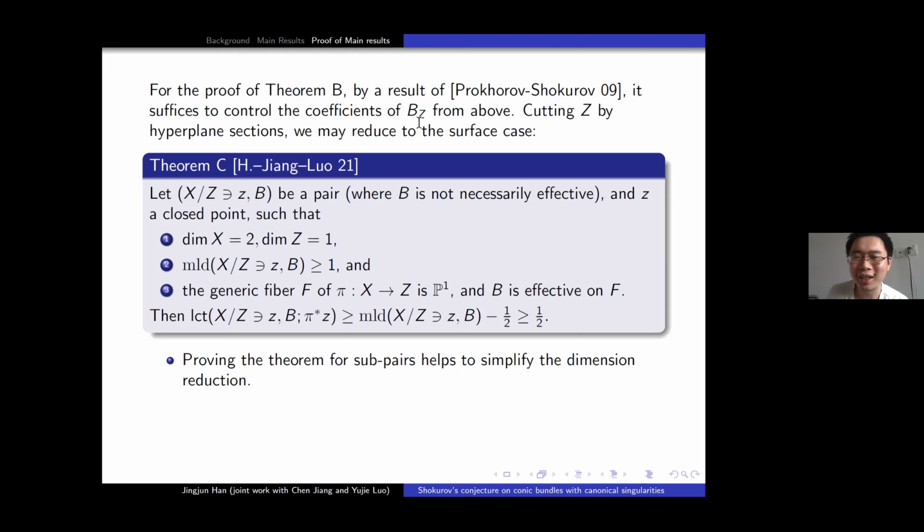First, one remark: the partial reason why we are only able to prove the relative dimension 1 case is that we need to apply the result of Prokhorov and Shokurov, because in the higher dimensional case the semi-ampleness of M_Z is unknown. As for potential applications of our results, indeed, till now I don't know any application. Okay.